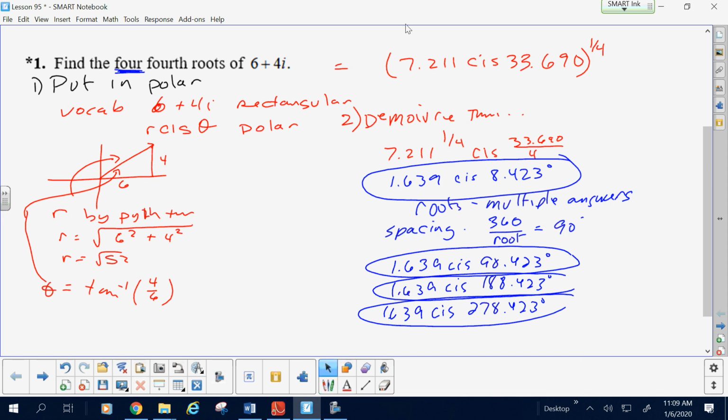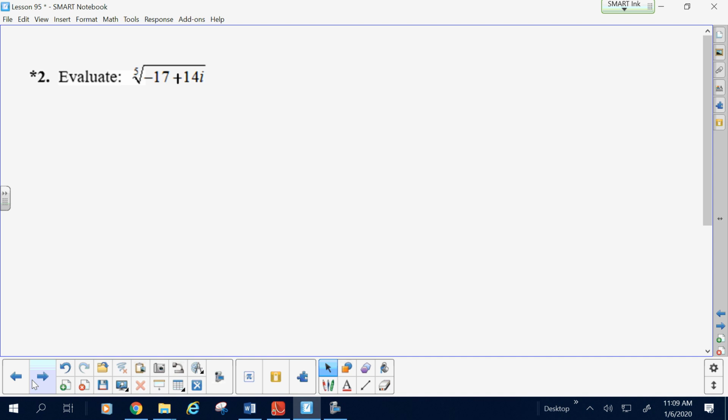Let's try another one, a little more you and a little less me, although you did pretty well, I got to say. So what do you do first? Go to polar. Okay, I need to find what this is in cosine I sine form. You must go to polar. You must. Okay.